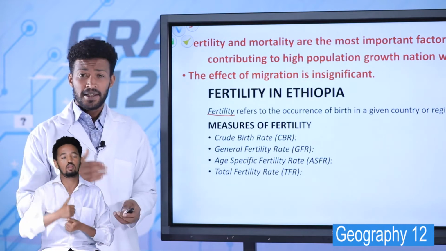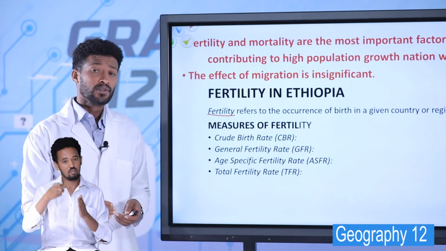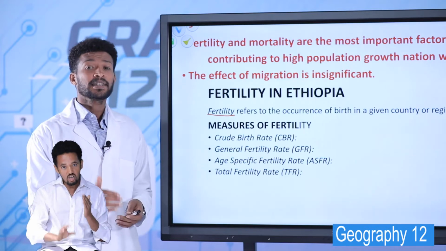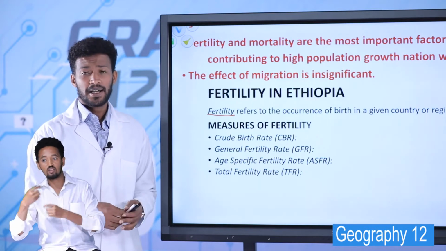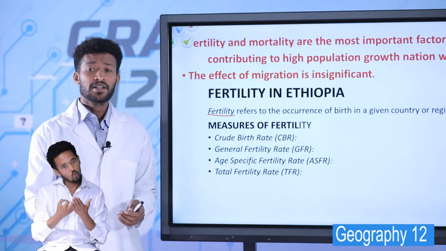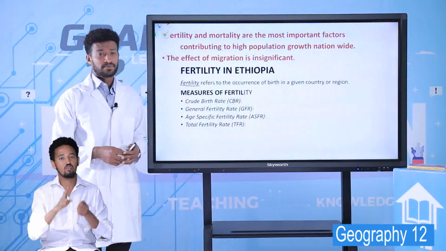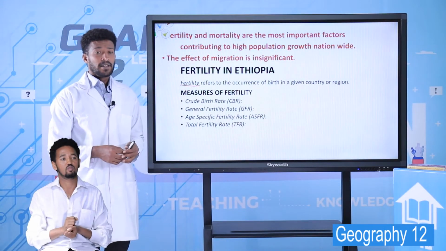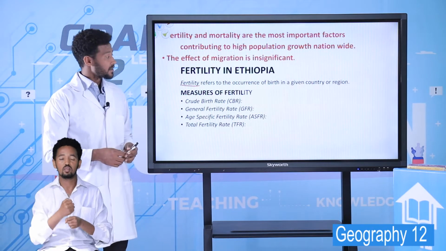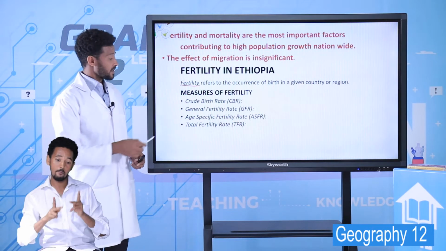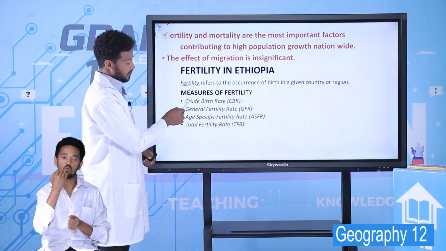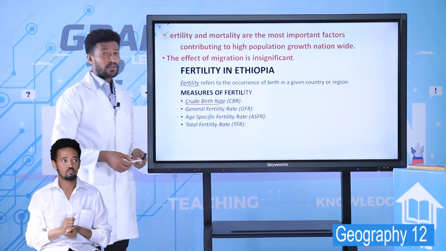That means the amount of births occurring in one country can be measured by using different formulas. The measurement of fertility is made by the crude birth rate or CBR.